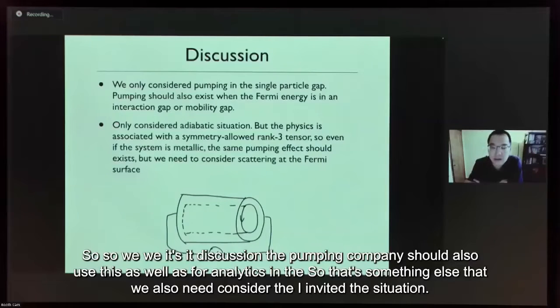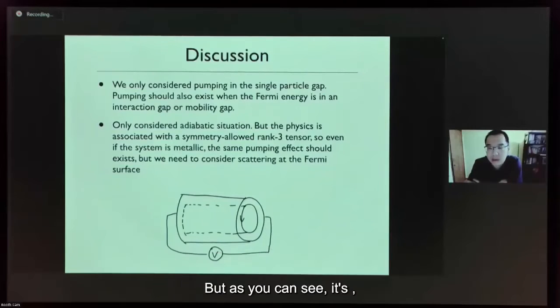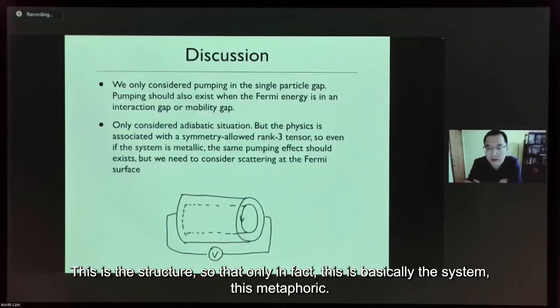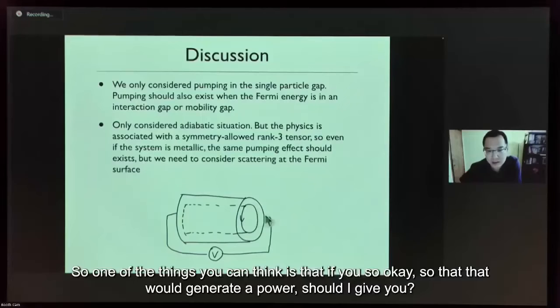But as you can see earlier, by the symmetry argument, the chi xyz is always allowed by symmetry, at least in this twisted structure. So it will be even more interesting to see whether the pumping effect can still exist when the system is metallic. So one of the things you can think of is that if you roll this twisted bilayer graphene into a tube, and then if you rotate, say, the inner tube, then that will generate a current in an anti-equivalent direction.